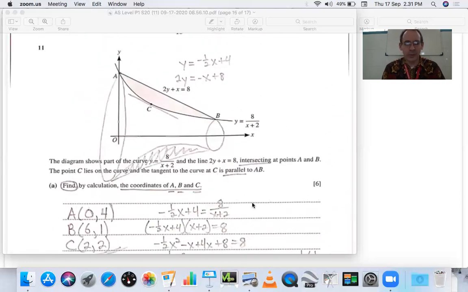What I mean by a washer is this. When you rotate the shaded region around the x-axis, notice when you make a circle, there is an empty part in the middle. In other words, the whole section is not solid volume. There is a volume, but there is a hole in the middle of the volume.